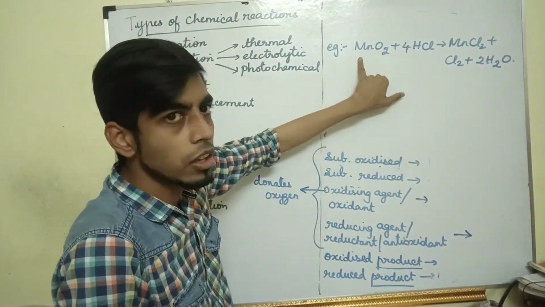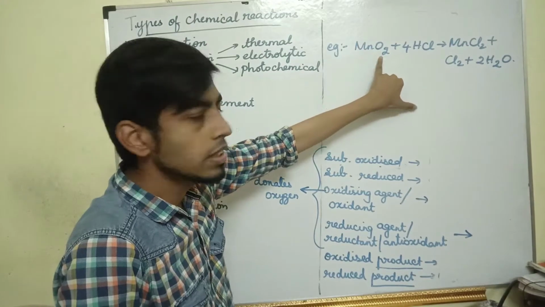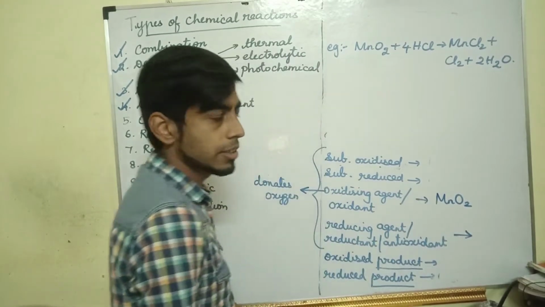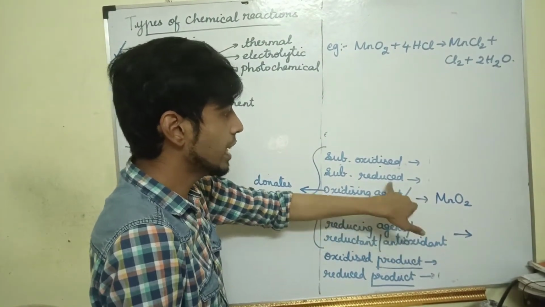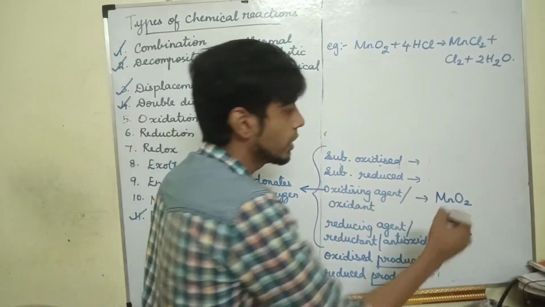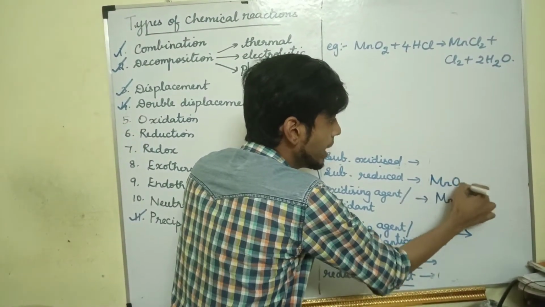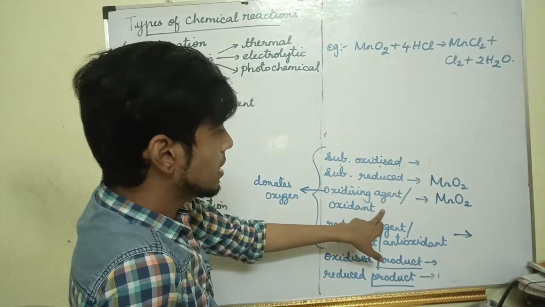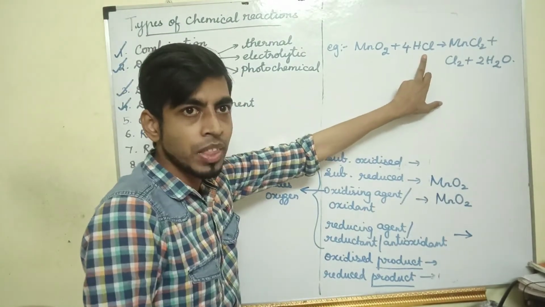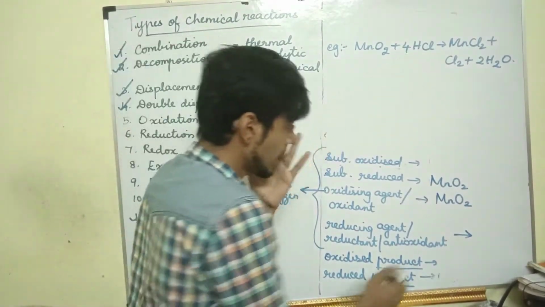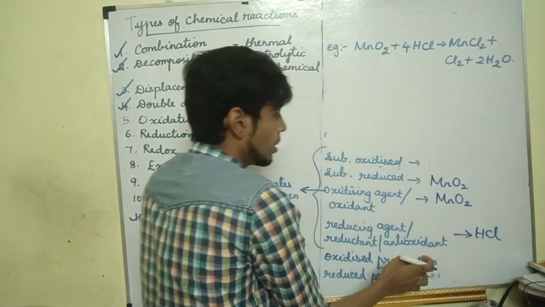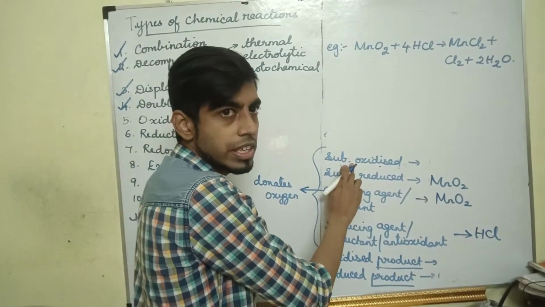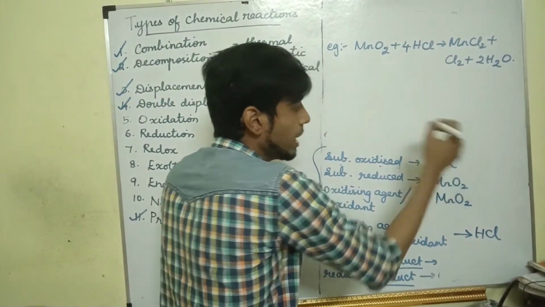Which one can donate oxygen here? MnO2, because only in this is oxygen present. So MnO2 is my oxidizing agent. Oxidizing agent and substance reduced will be the same, so this also will be MnO2. If MnO2 is the oxidizing agent, then the reducing agent will be HCl. No need to write 4HCl, you can just write HCl. Reducing agent and substance oxidized will be the same, so this will also be HCl.